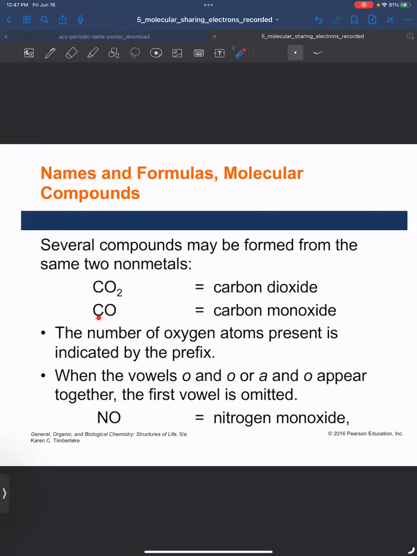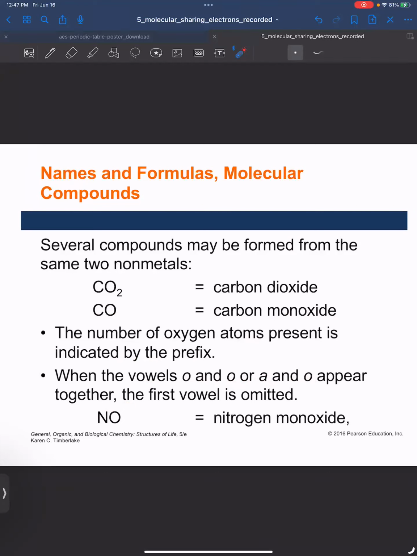For CO, we can see carbon, and then the second element, oxygen, once again is oxide, but we have to put mono in front of it, and so we have monoxide. So the number of oxygen atoms present is indicated by the prefix. And when the vowels O and O or A and O appear together, the first vowel is omitted.